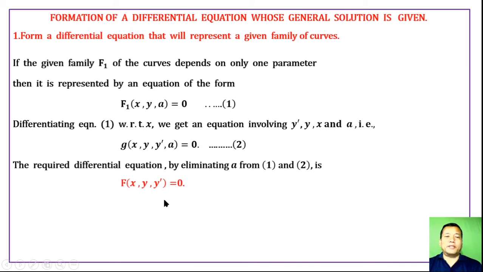The required differential equation, by eliminating a from equation 1 and 2, is obtained after removing the arbitrary constant a, that is f of x, y, y dash equal to 0.